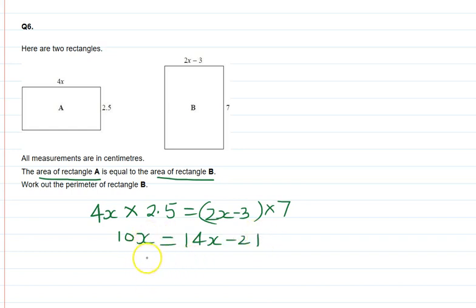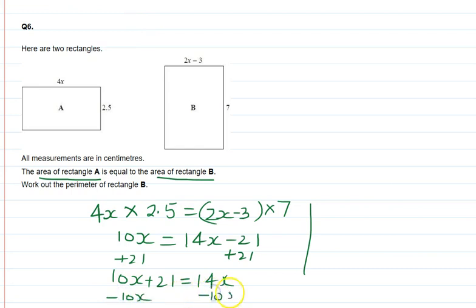So if you do plus 21 on both sides, we have got 10x plus 21 equal to 14x. Now if we do minus 10x on both sides, we have got 21 equal to 4x.